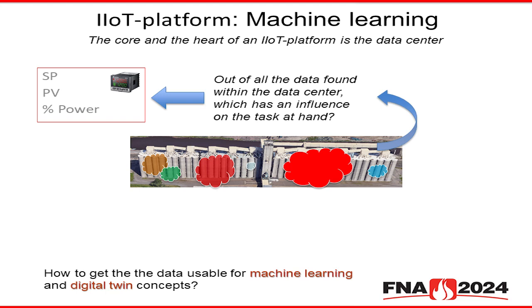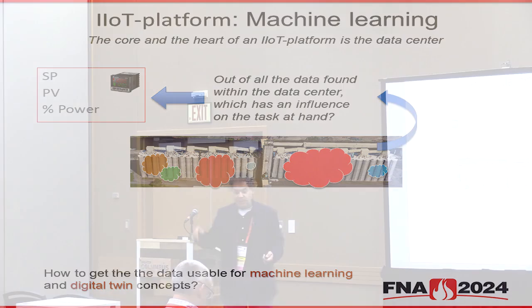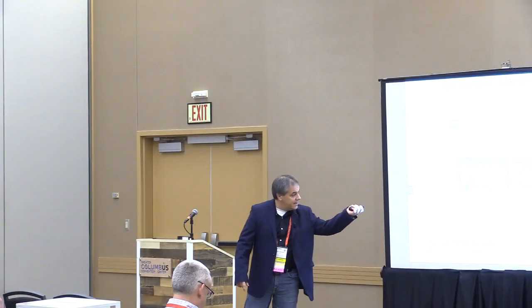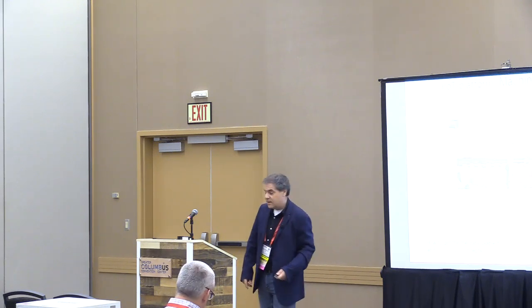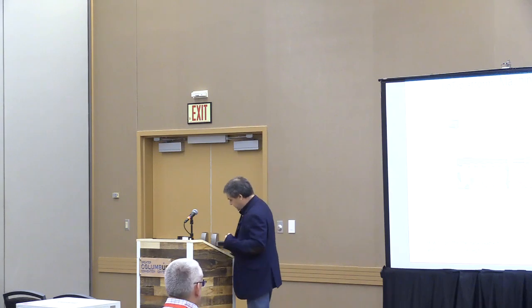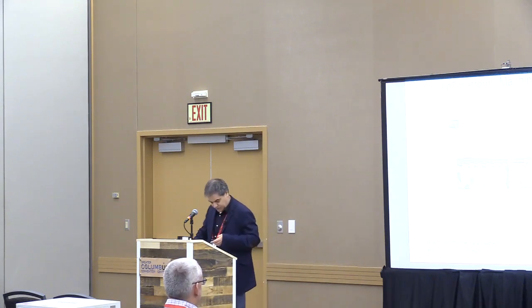What information in this data center is needed to start a furnace? What I did here is a representation of the heat map. So the information right here is very influential to that decision, whereas this information, not so much, right? We'll come back to the details in a few minutes.